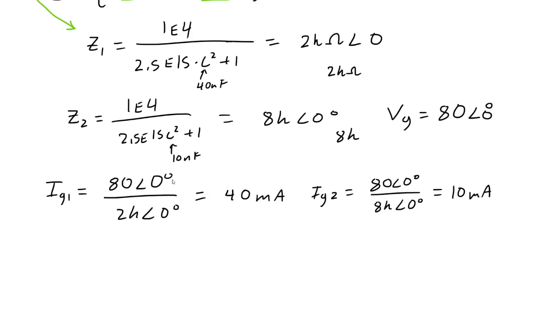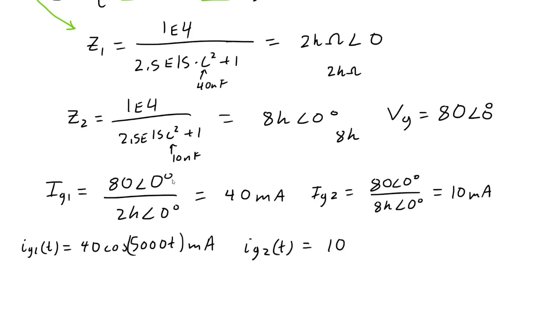So our time domain expression, say IG1 is going to be 40 cosine of angular frequency 5,000 T phase angle 0 milliamperes, and IG2 magnitude is 10 milliamperes cosine 5,000 T phase angle is 0 milliamperes.